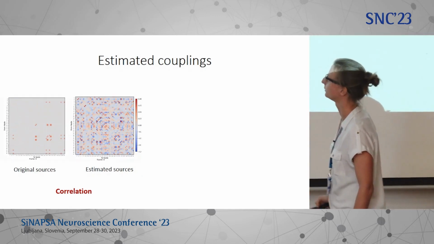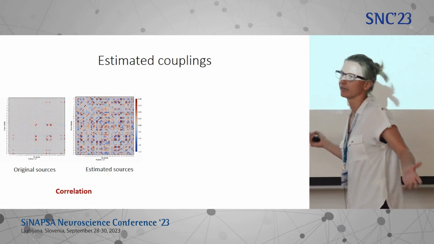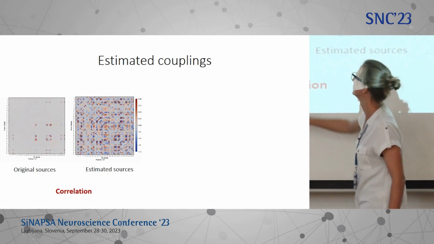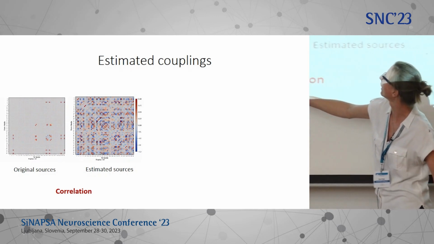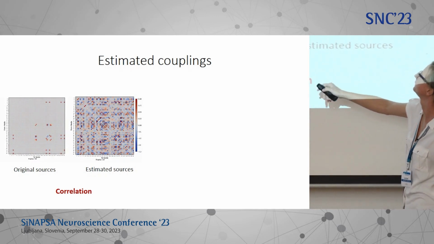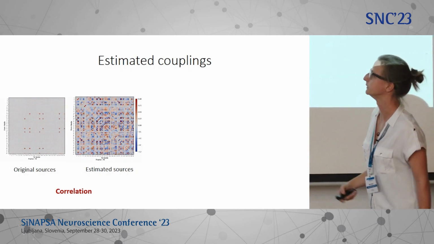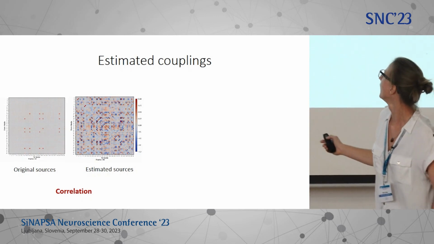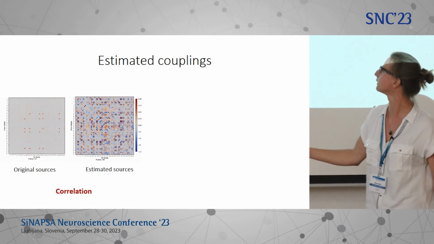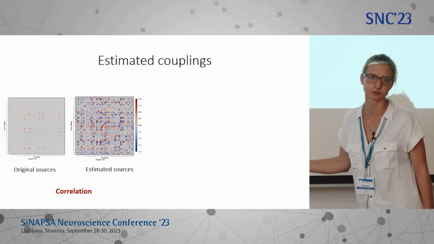Just to quickly show how the actual result looks, not just the error. This is correlation. And you can see that when there is high activity, it means that there's high coupling, or the method estimates high coupling. And you can see the differences between the data from the original sources and the data from the estimated sources.